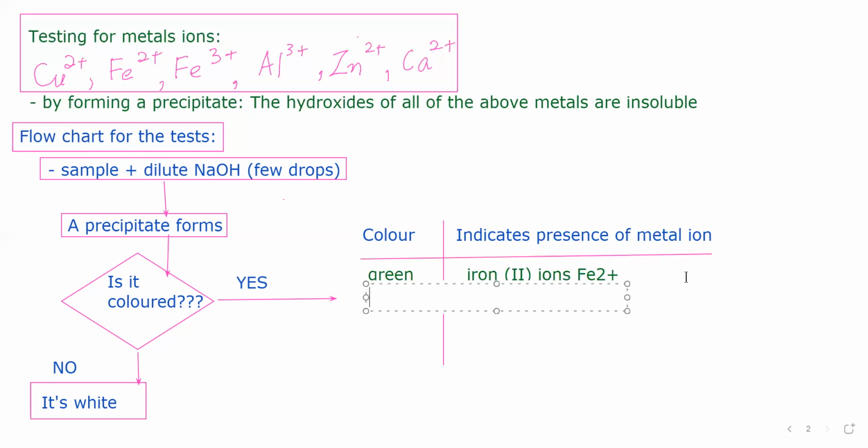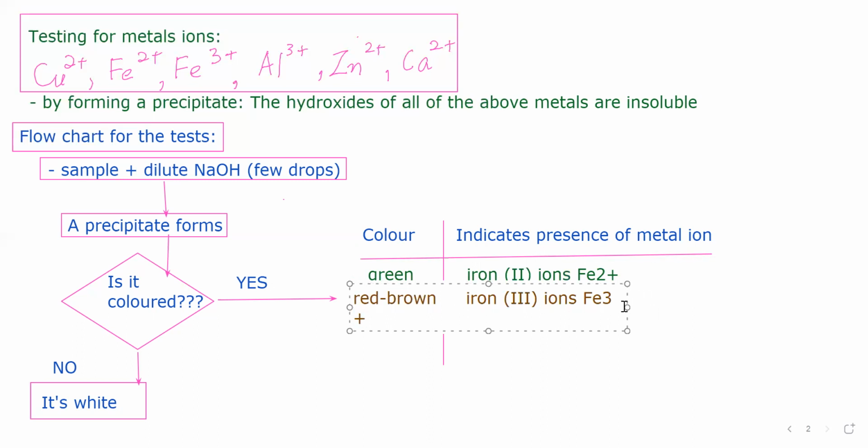When I say it is red brown, it gives me that this could be iron 3, which is Fe3 plus.